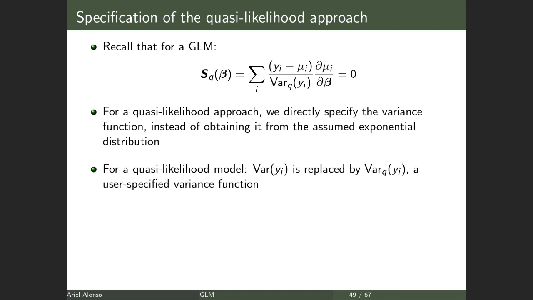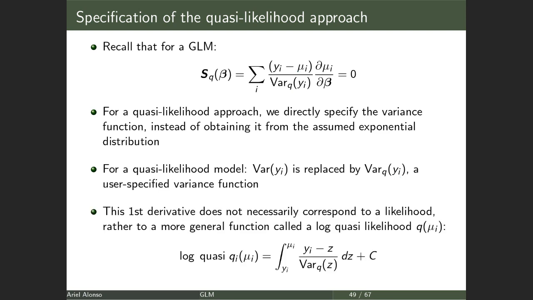So you replace the variance with your own variance. That's what you do when you're doing quasi-likelihood: the user specifies the variance function. And now these score functions may not be coming from a real likelihood, right? Because if you're using GLM, there is a relationship between these two things. And now you're putting there whatever you want. So that may not be compatible with the exponential family, but that is fine.